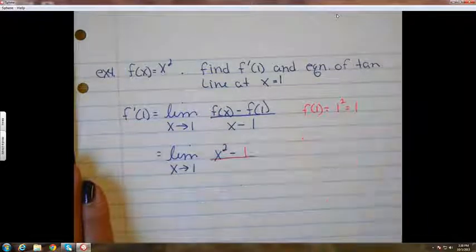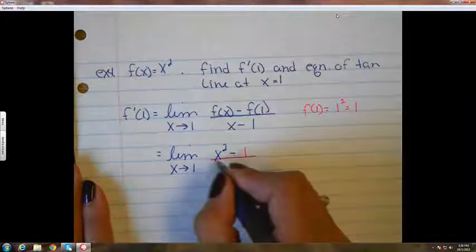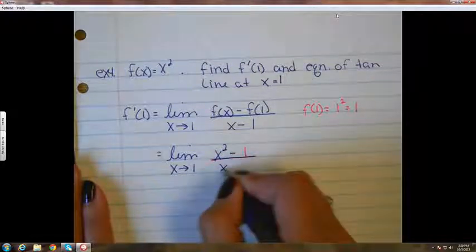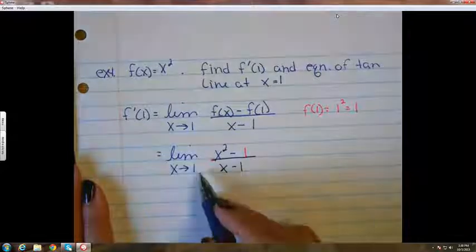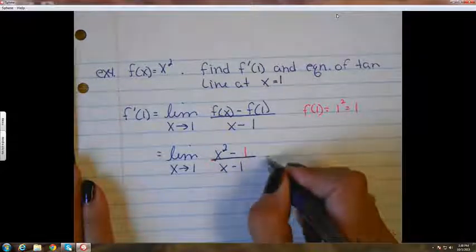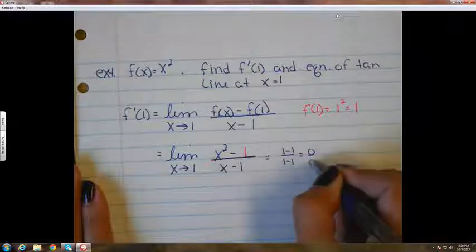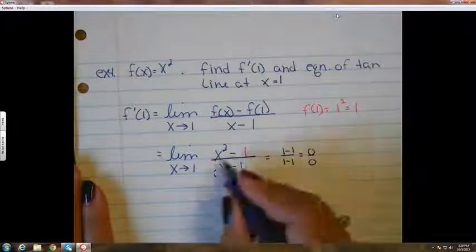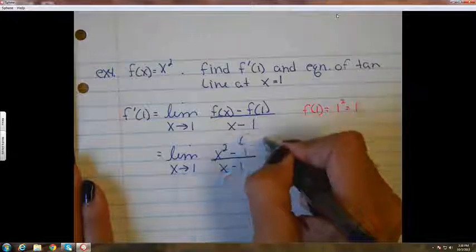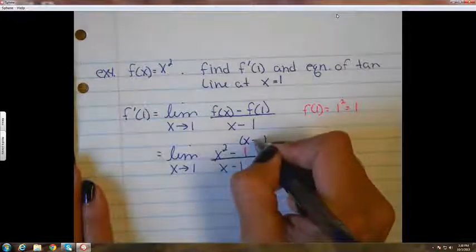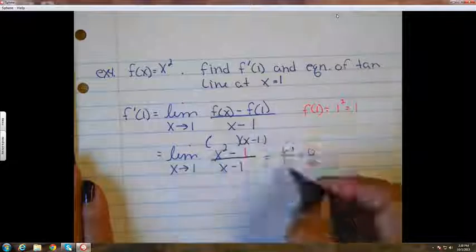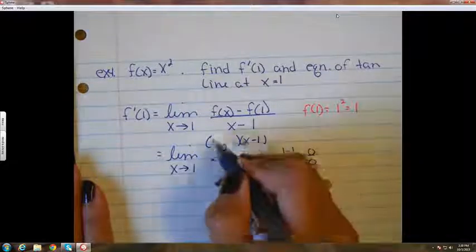Over, okay, if I plug in, I'll get 1 minus 1 over 1 minus 1. Tells me I have to factor. This is a quadratic up here, so I don't have to do that long division stuff. X minus 1 here. I know I've got to get the x squared, so there's an x.